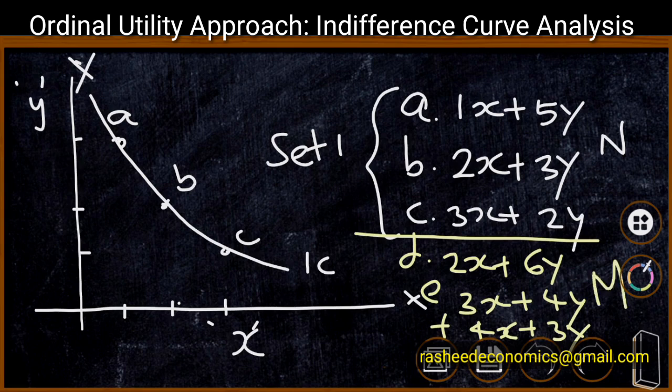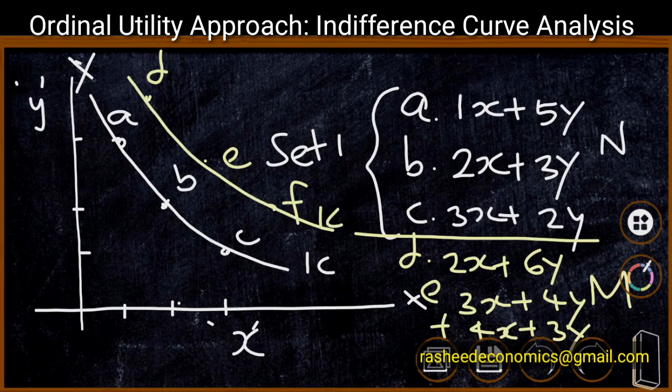For example, in the previous case we have plotted set 1 as indifference curve 1. In the same manner we can plot set 2, which provides satisfaction level M, into another indifference curve. That is, we can derive point D by joining 2x plus 6y, and we can have point E by joining 3x plus 4y, and similarly point F. And by joining these 3 points we can derive the indifference curve 2.